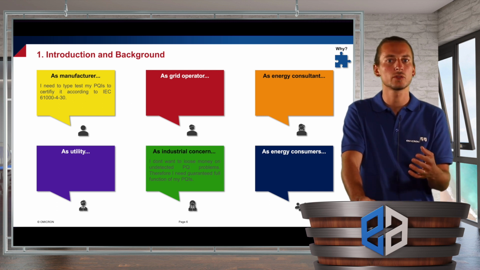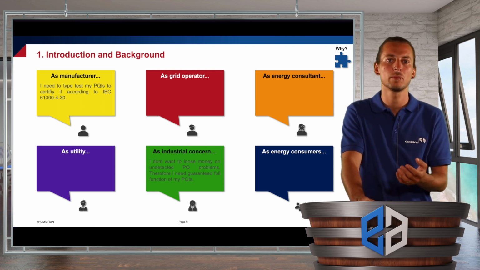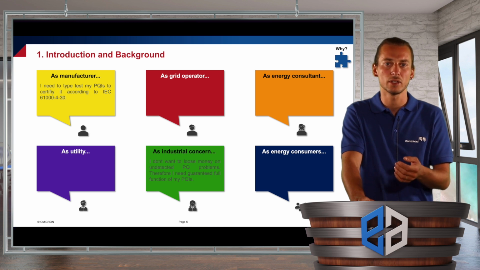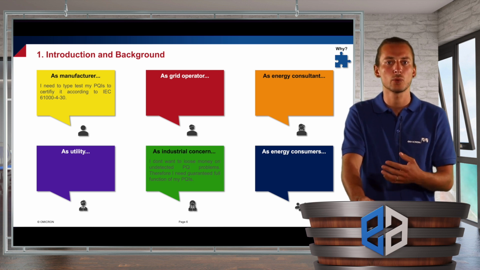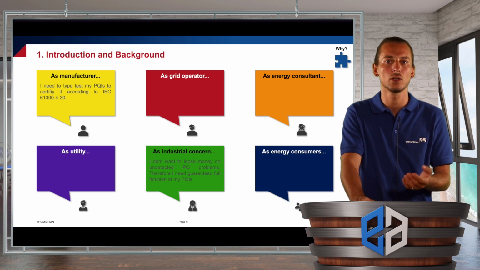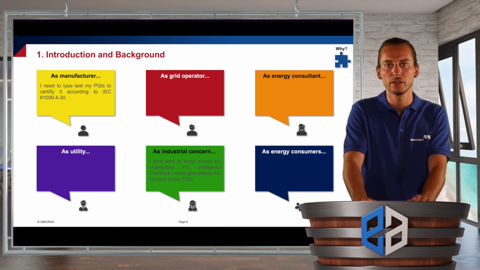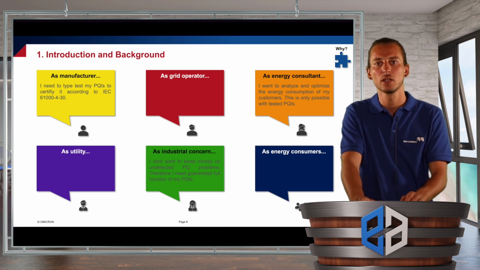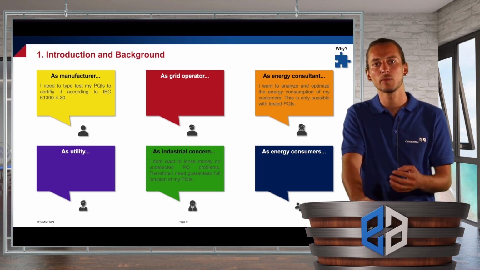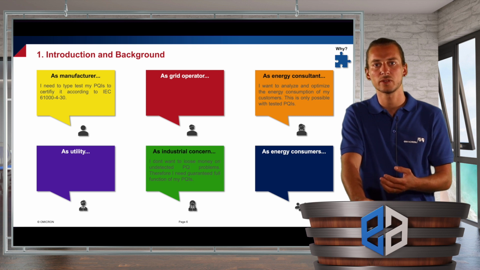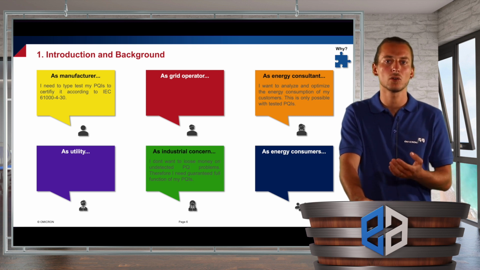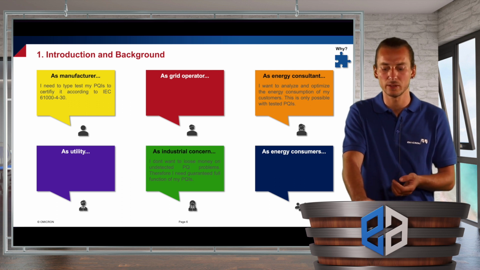He does not want to lose money for a power quality problem which may have a significant impact but which is not detected because he has no functioning power quality instruments in use. Then the energy consultant, who wants to analyze and optimize the energy consumption of his customers. He of course is dependent on fully functioning and so tested power quality instruments.